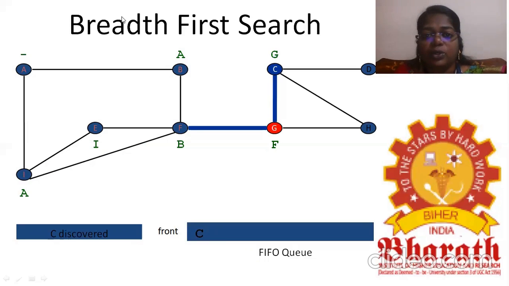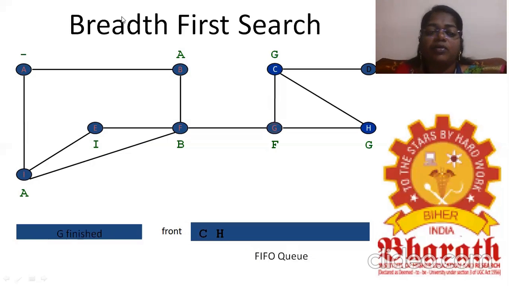So we are going to NQ the node C inside the FIFO queue. After that we check the next neighbor, that is H. H is also a new node, so we discover H and put it inside the FIFO queue. So now the neighbors of G are finished.